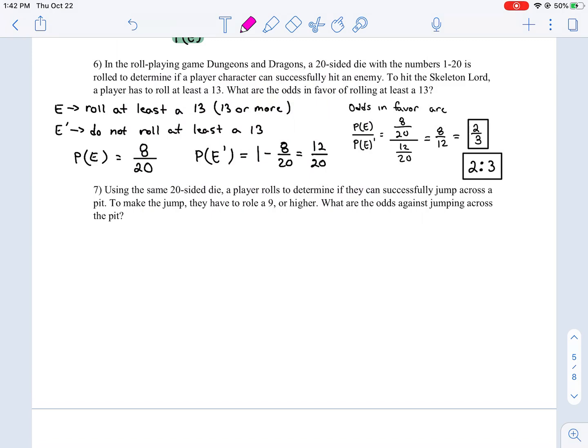Okay, so in this example, I'm going to let E be the event, roll a 9 or higher.